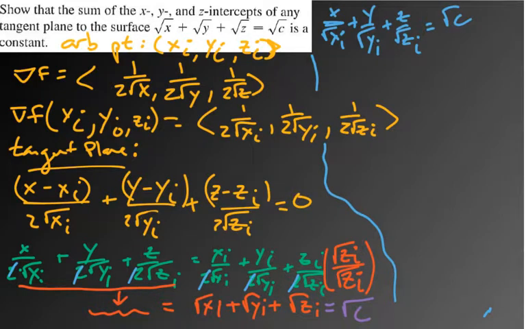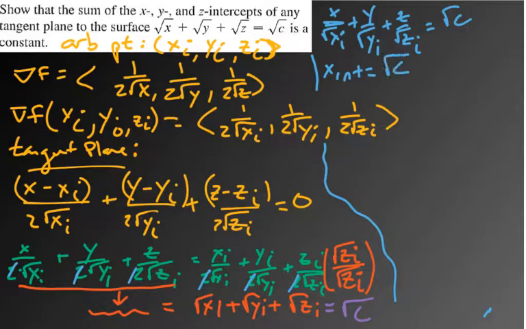And then if you do the x-intercept, y-intercept, z-intercept trick, for the x-intercept we put in y equals 0 and z equals 0, and you'll kill these terms. And then the x-intercept would be just x over root x sub I equals root c.